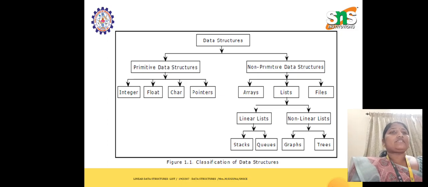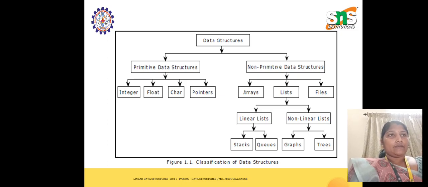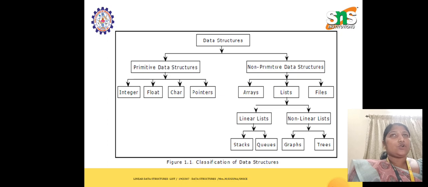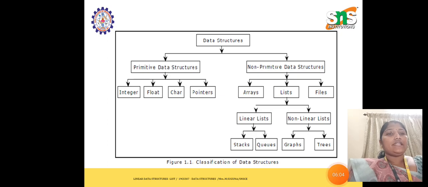Examples are trees and graphs, the major non-linear data structures. A tree is a hierarchical structure with a root element and sub elements. The root element we call the parent node, and the sub elements we call children, which form a parent-child relationship. A graph is a set of vertices connected by edges. Graphs can be directed or undirected.